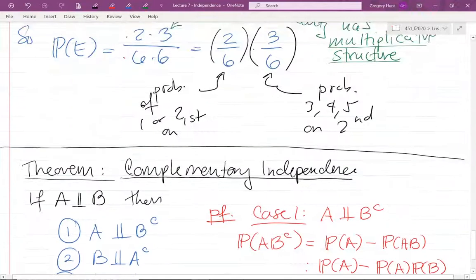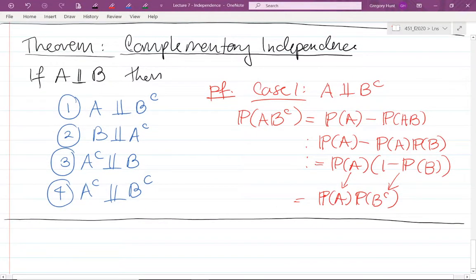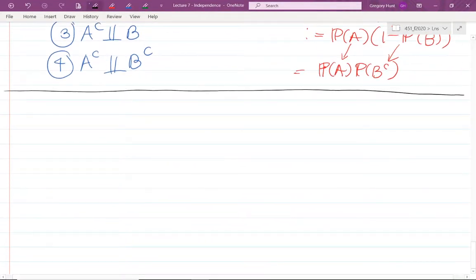Not that you couldn't come up with a definition of independence otherwise, but it allows us to very straightforwardly generalize independence to multiple events. So independence of multiple events is called mutual independence.